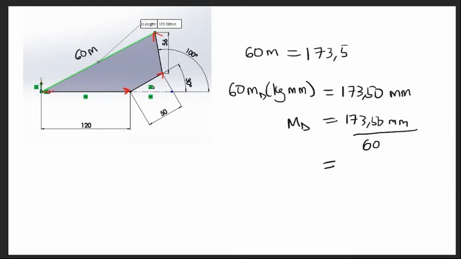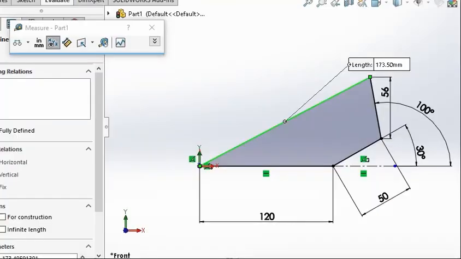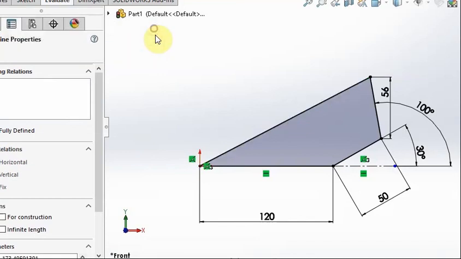If we divide that, we get a mass of 2 something. Let's try to be accurate here. For now let's just say 2.9 kg. That is my MD, and that's your answer.